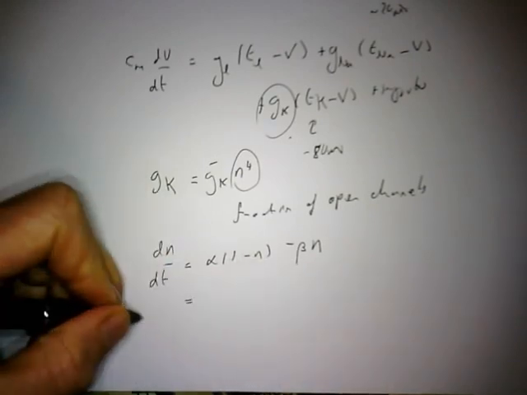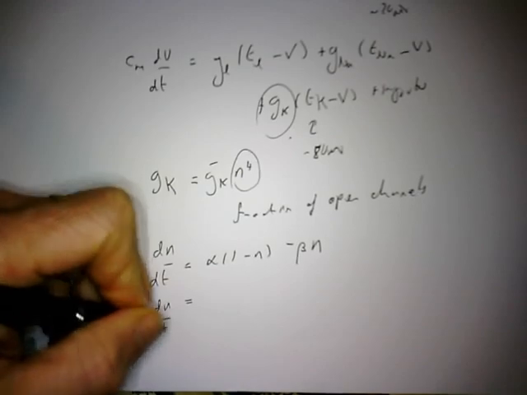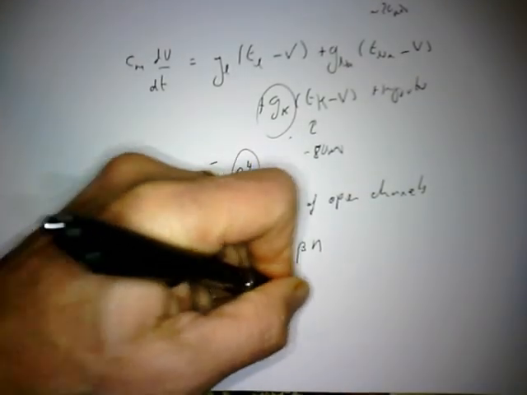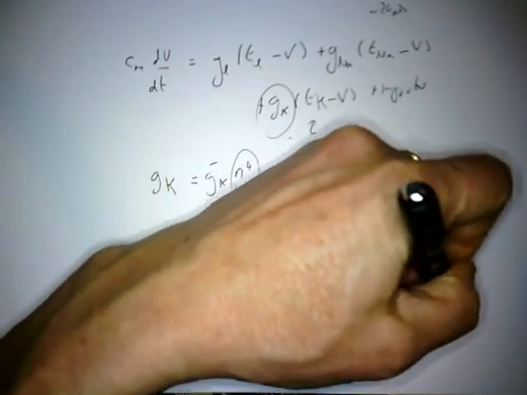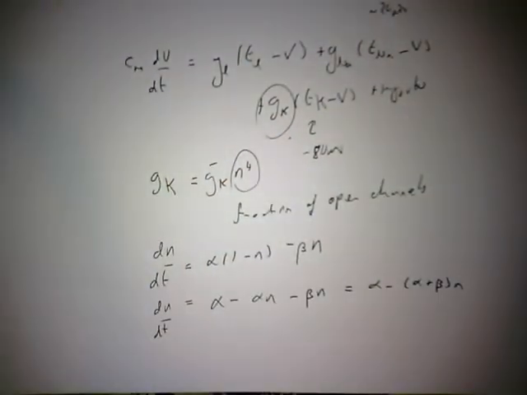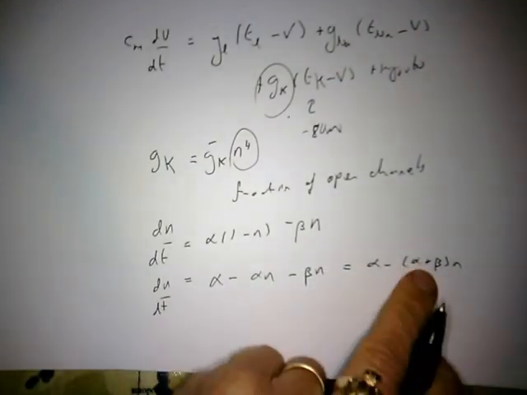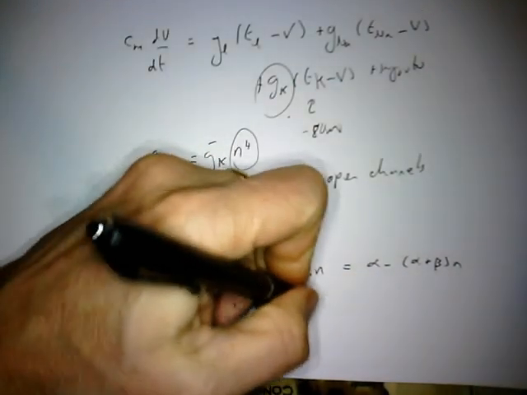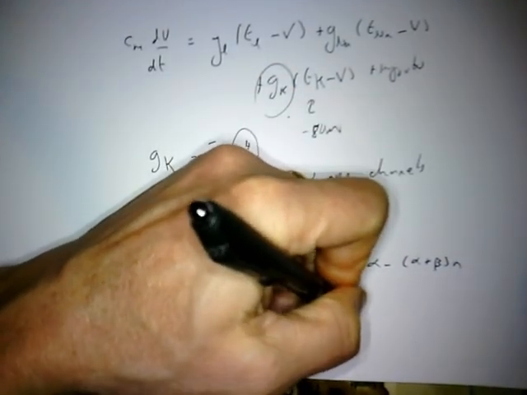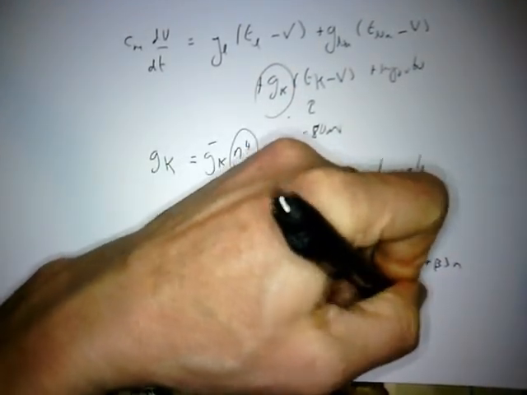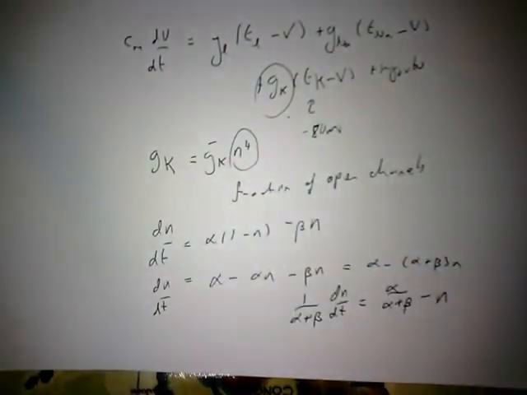We can then rewrite this, so dn dt is equal to alpha minus alpha n minus beta n, which is equal to alpha minus (alpha plus beta) times n. And so you can see what we're probably going to do, which is divide across by alpha plus beta. So we get 1 over (alpha plus beta) dn dt is equal to alpha over (alpha plus beta) minus n.